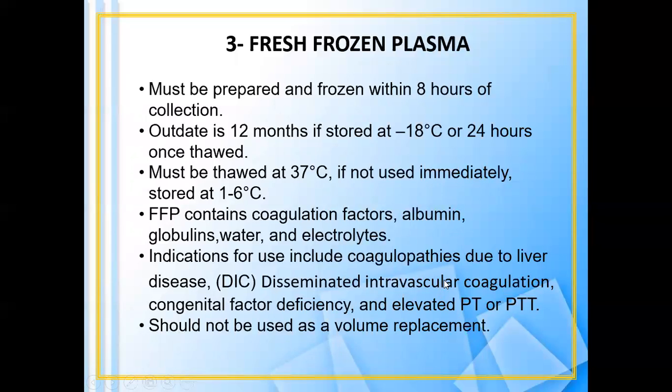We must prepare and freeze the plasma and separate it from other blood components within 8 hours of collection. We say you have to separate the plasma as soon as possible, and we usually separate it within 1 hour of donation. But in general, you can do that within 8 hours of collection.